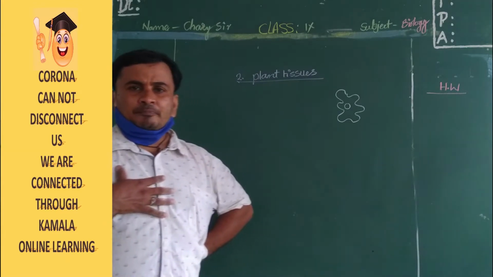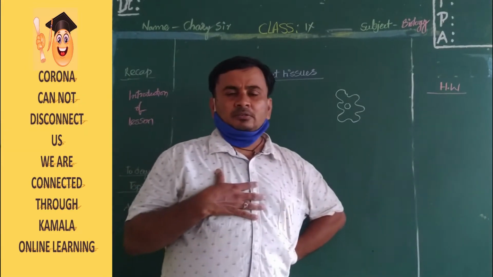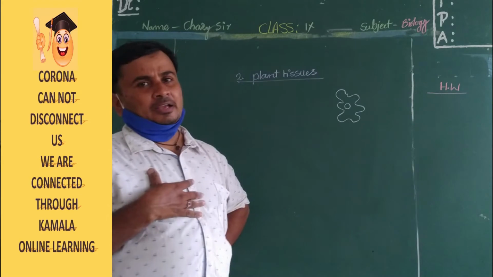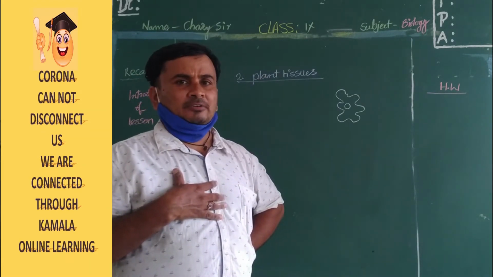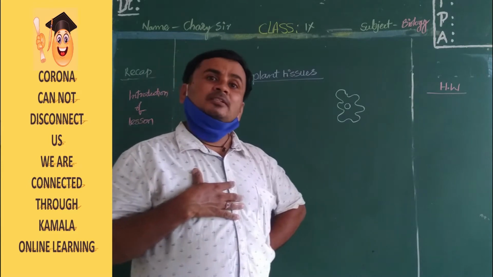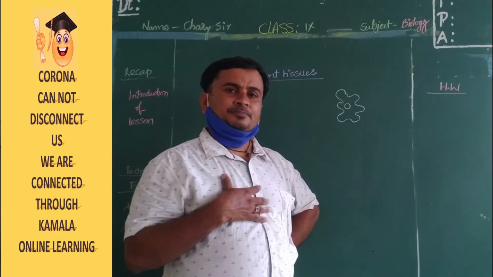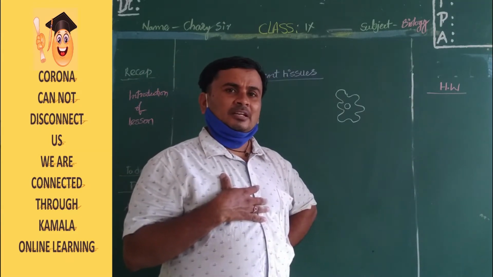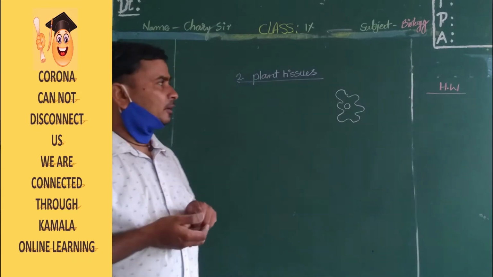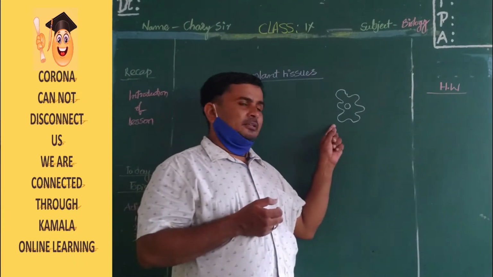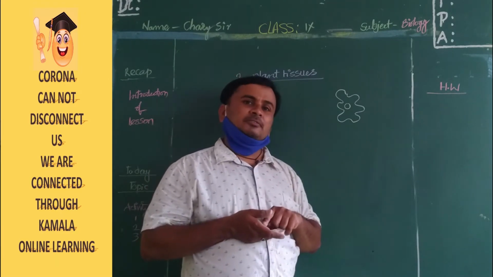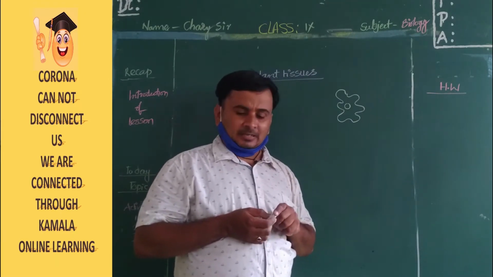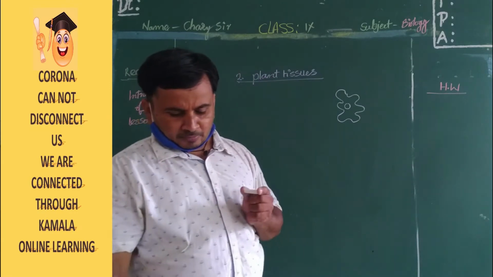In our body, so many organs are there, like the liver, pancreas, and heart. They all have different functions. Now, if you see the amoeba, a single cell does all the functions. Clear, children?